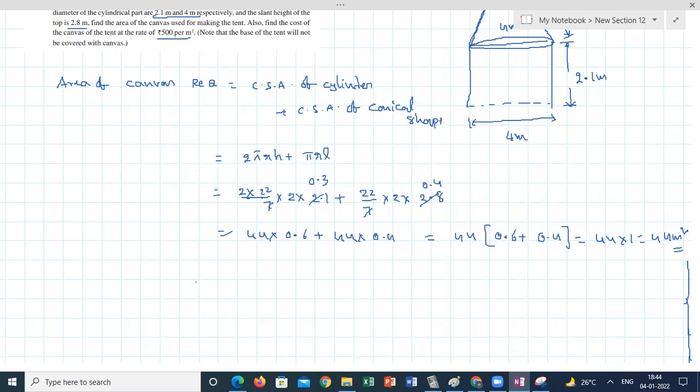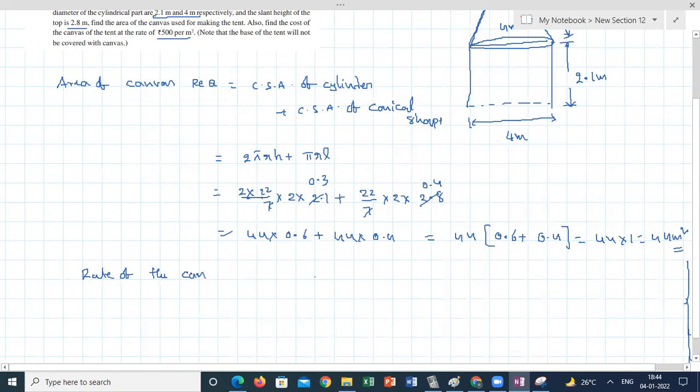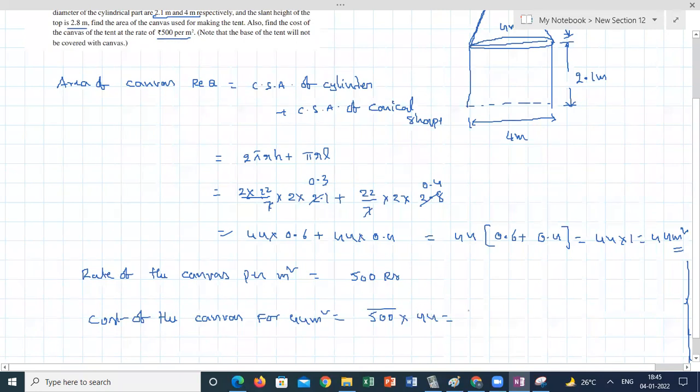So how to find out the total cost of the canvas? Cost of the canvas for 44 meter square will be equal to 500 into 44, so the cost per unit area into the total area.